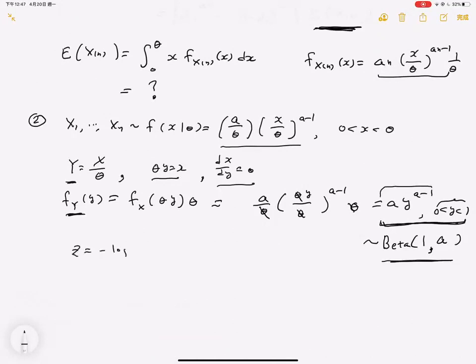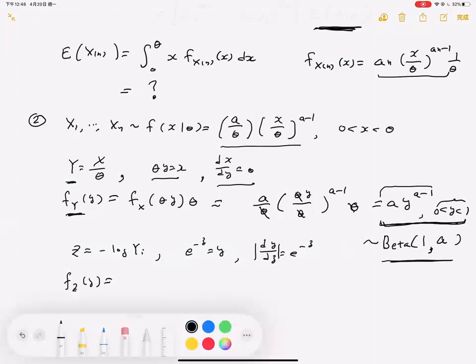If I write this, you might remember what I'm talking about. If you do another transformation again, minus log yi. If you redo it, we can do it really quickly, right? e to the minus z equals y, then dy dz is e to the minus z, then minus 1, of course taking the absolute value. This guy is gone.